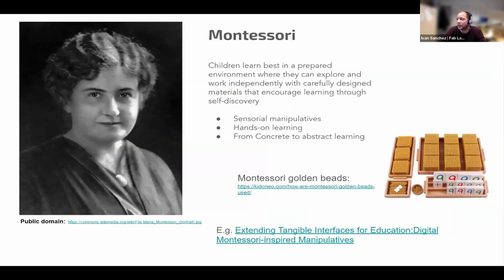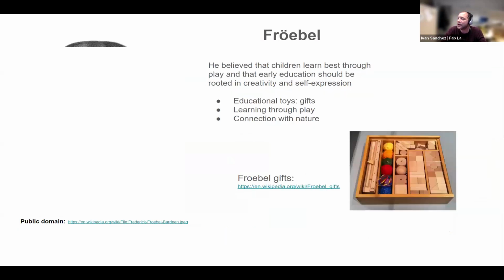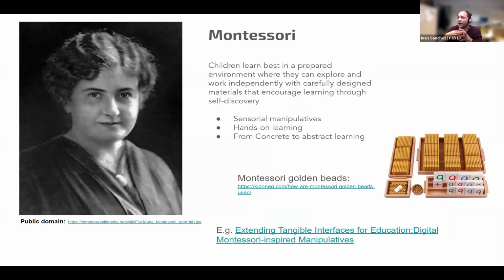Okay, so the background of this, and I'm not going to go into detail, you can access more information following the links. The background of all these ideas comes from Montessori and Froebel. They were the ones who started defining the idea of manipulatives, the idea that if you have tangible objects, it will facilitate learning.